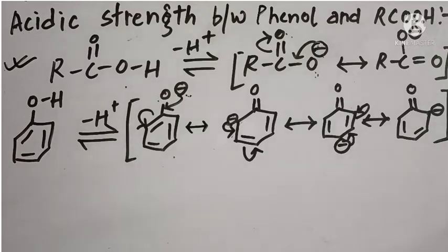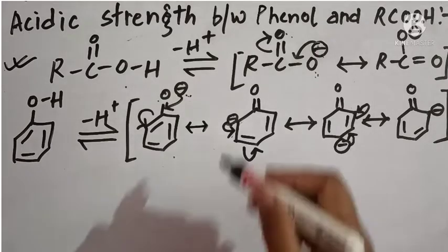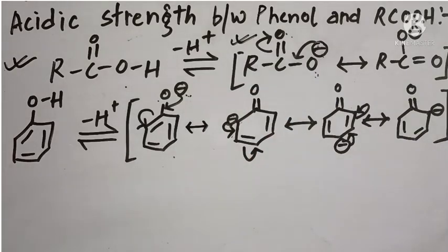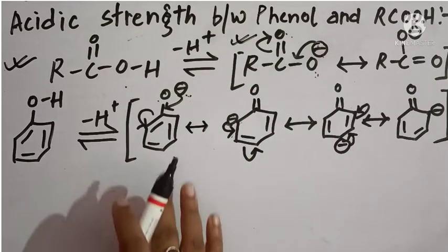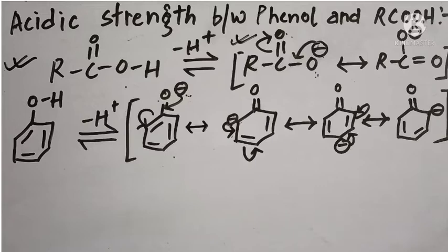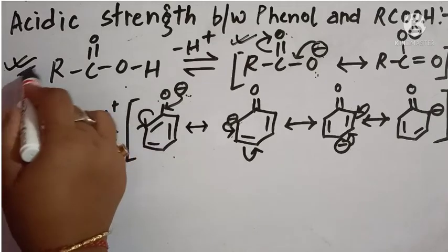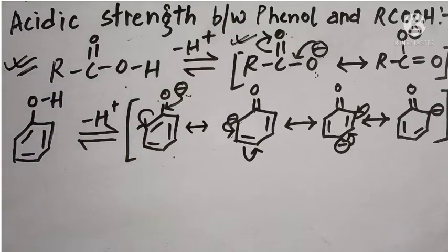So that is why this particular carboxylate ion which will form will be quite more stable in comparison to the phenoxide. That is the main reason the acidic strength of the carboxylic acid is quite more in comparison to the phenol.